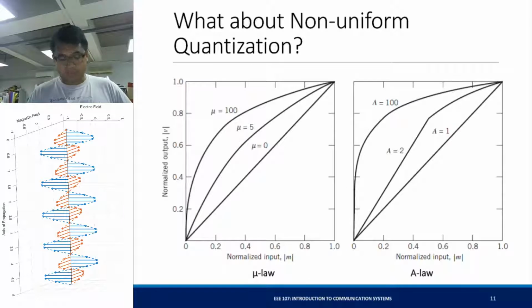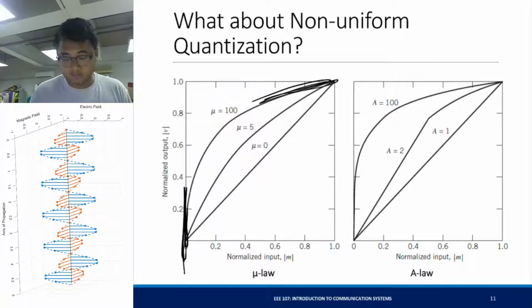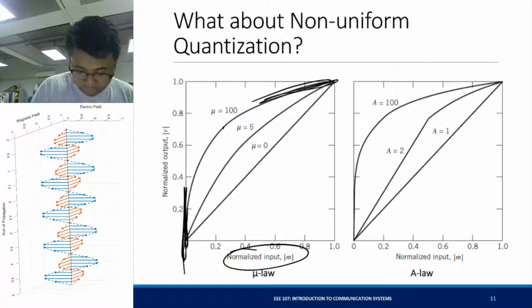So what that does is, instead of having a linear response, it has a logarithmic response at which the smaller signals right here are amplified and the larger signals are compressed. So the gain is different at different values of the input. If you're here, the gain is defined by this slope.